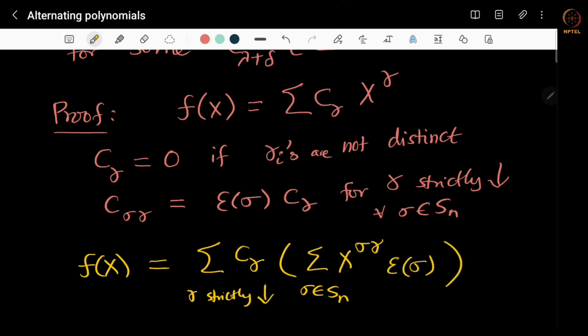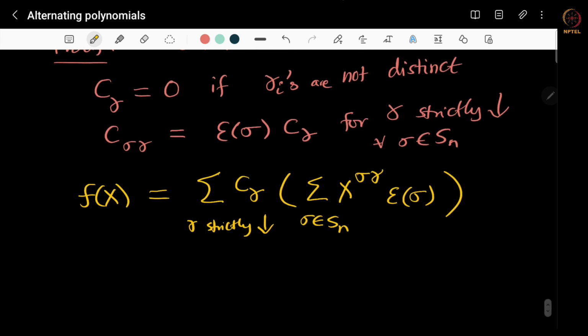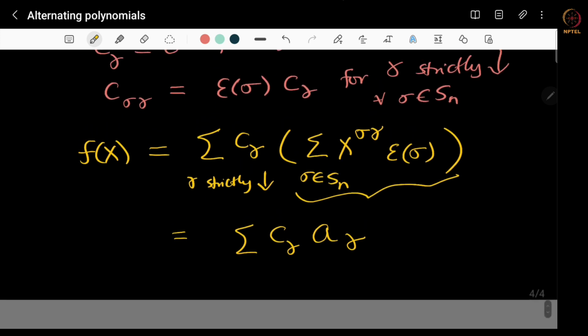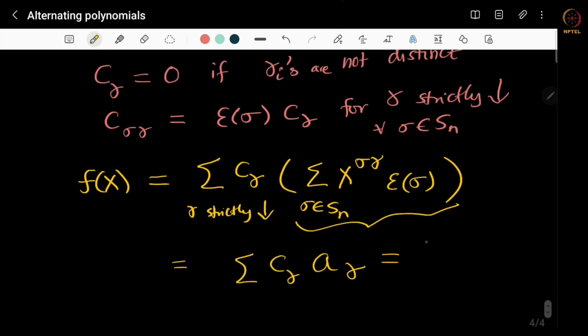Now what this allows you to do is to rewrite this expansion. So let's go and write this again. I go back to my original f(x), and instead of summing over all c_gamma, I do the following. Instead of running over all multi-indices, I will only run over strictly decreasing multi-indices, gamma strictly decreasing.